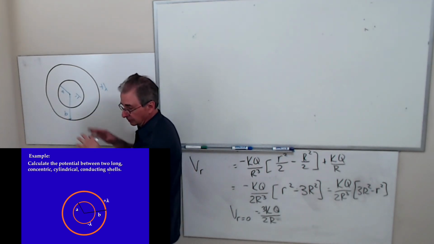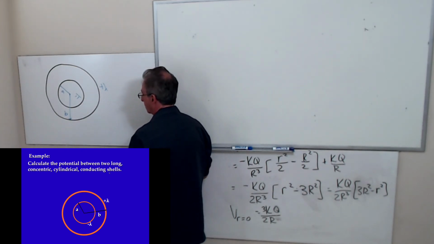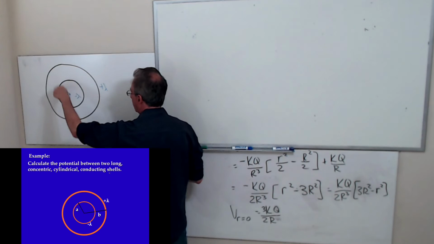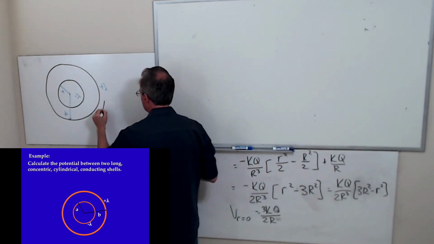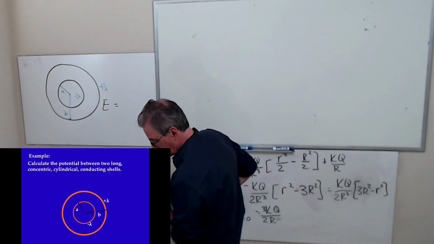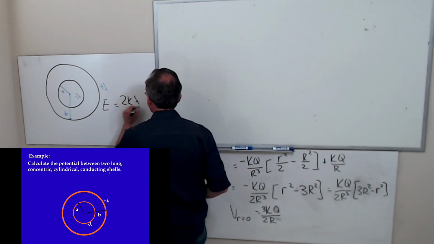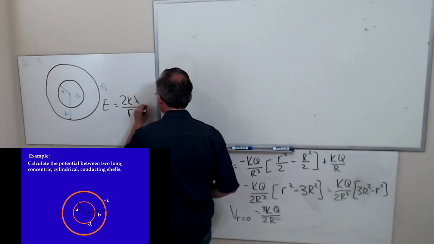These are just hollow cylinders, and so the only field that's non-zero is in between here. And it's due to this charge per unit length. And we did this before. The electric field is equal to K lambda over r in the r hat direction.